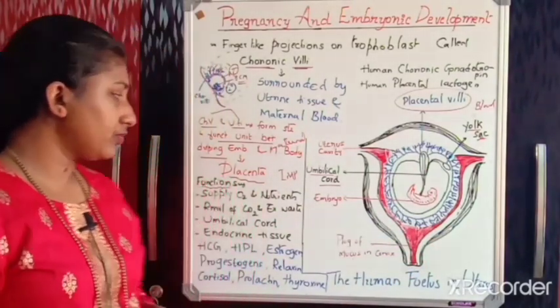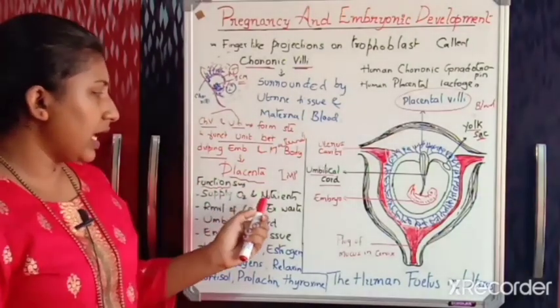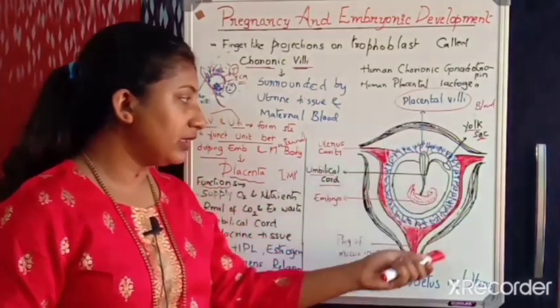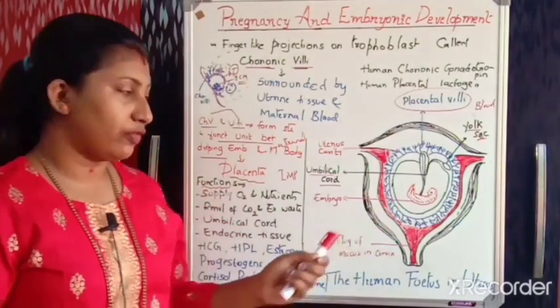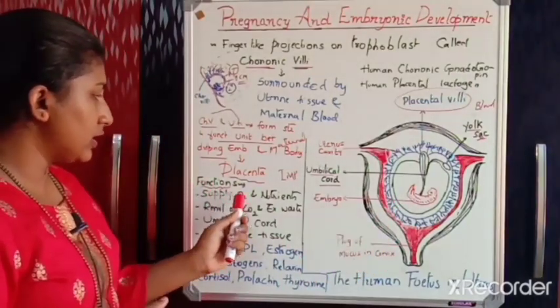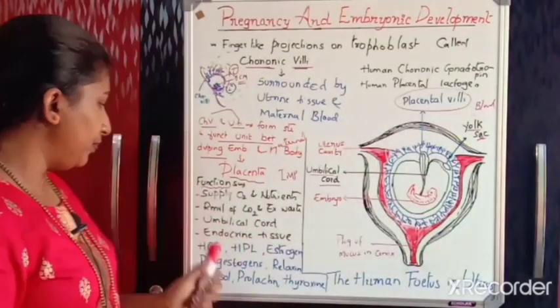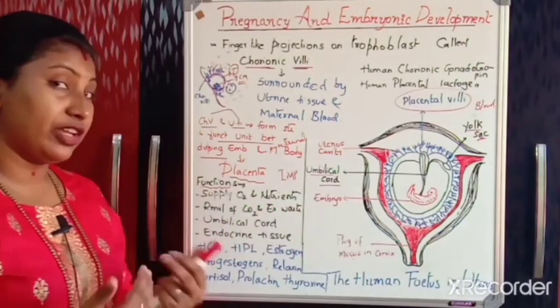Got it? So the first function of a placenta is it supplies oxygen and nutrients from where to where? From the mother, or maternal, to the embryo, because the embryo requires oxygen, food, etc. Next, removal of carbon dioxide and excretory waste from where to where?